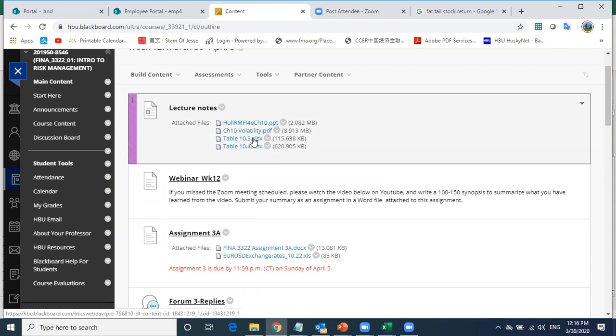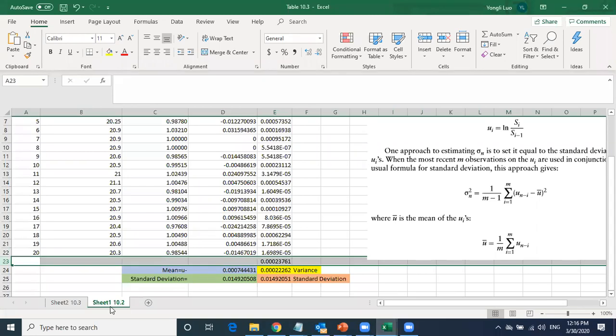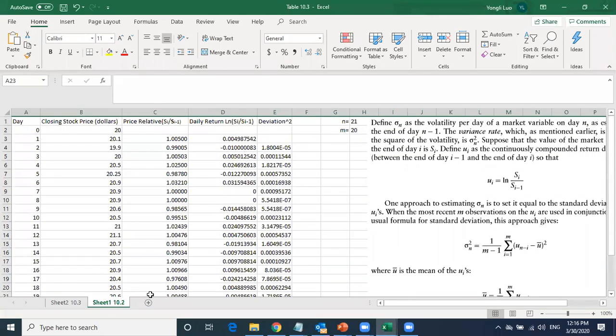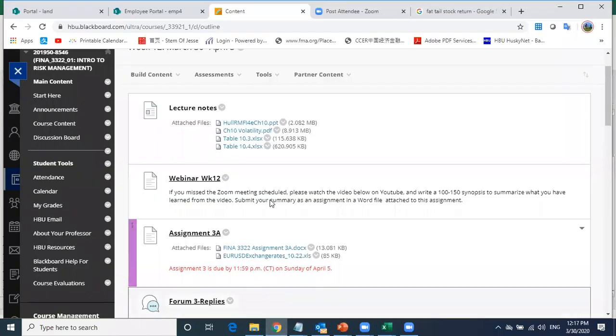All those formulas and some explanation we got from the chapter 10 volatility PDF file, which is available for you. Table 10.3 is the Excel file. Basically, I made this based on the formulas we have. First we have table 10.2, which is exactly the same data from the textbook.